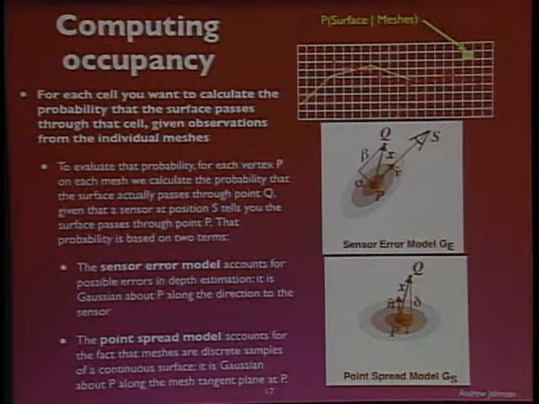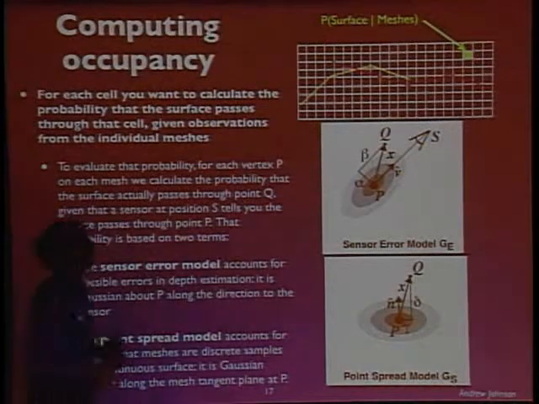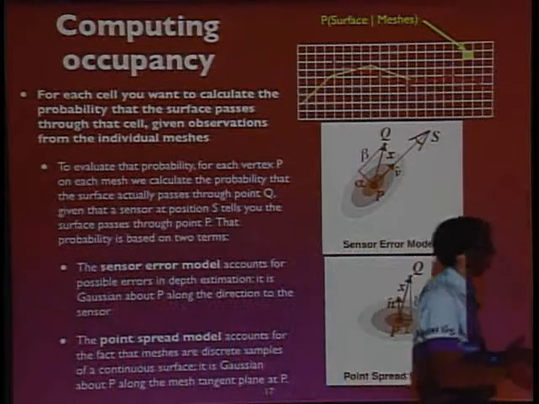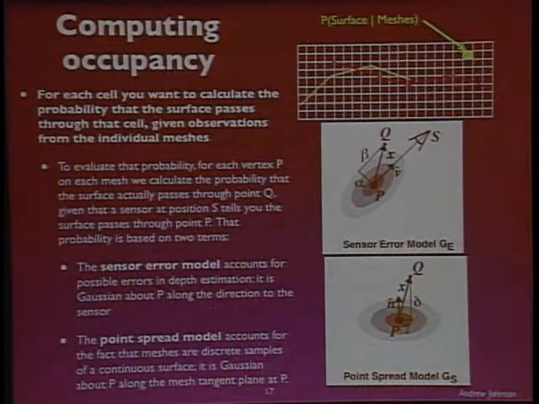What we're going to do to calculate occupancy is formulate the problem in terms of probabilities. In particular, this is going to be a 3D floating point array. In 2D it would be a 2D floating point array, where every number in the array goes between 0 and 1.